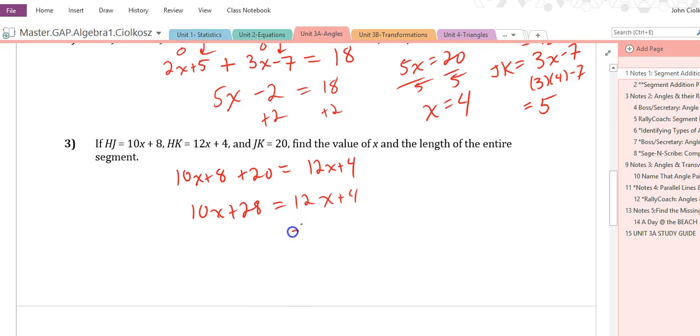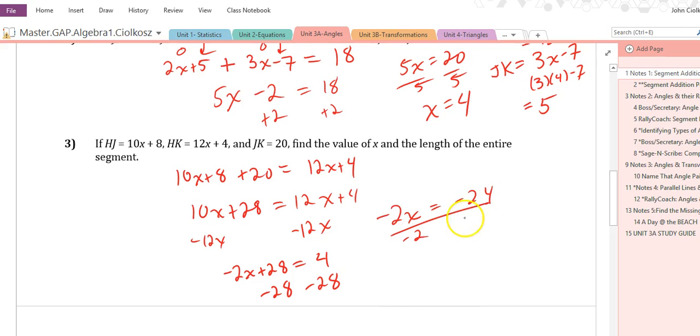Moving our variable to the left like we've done in the past. You get x is equal to 12.